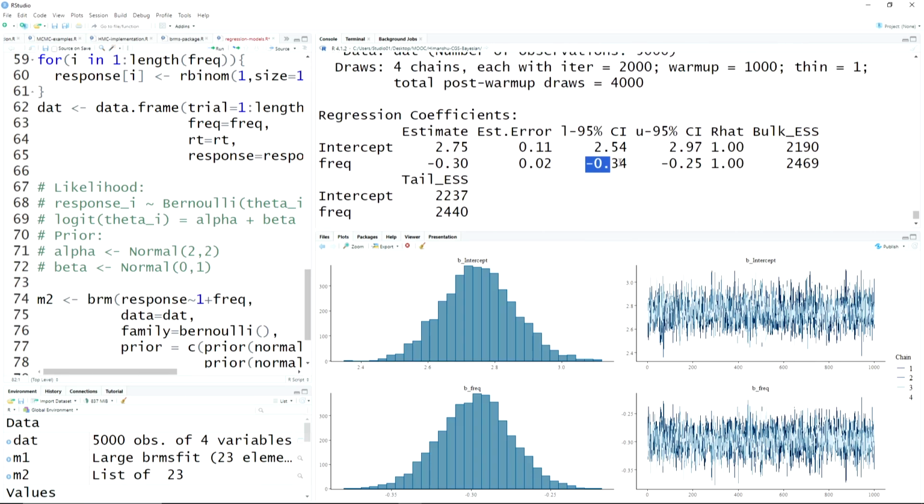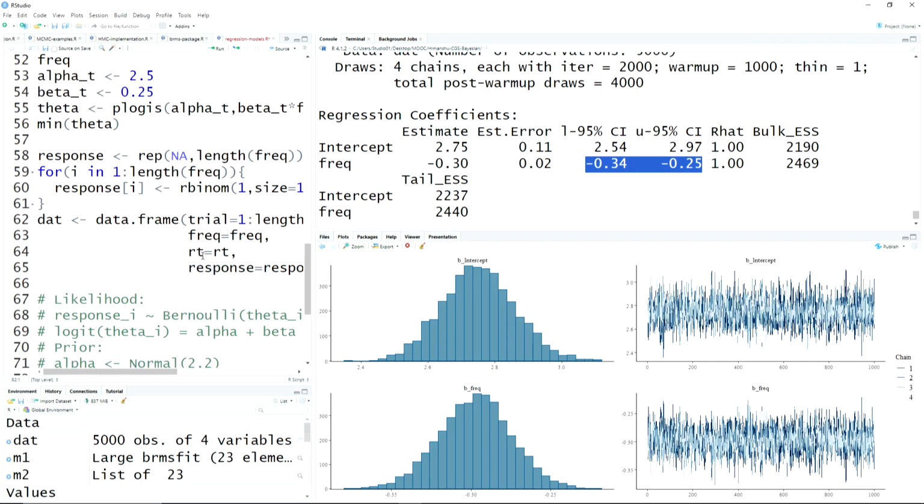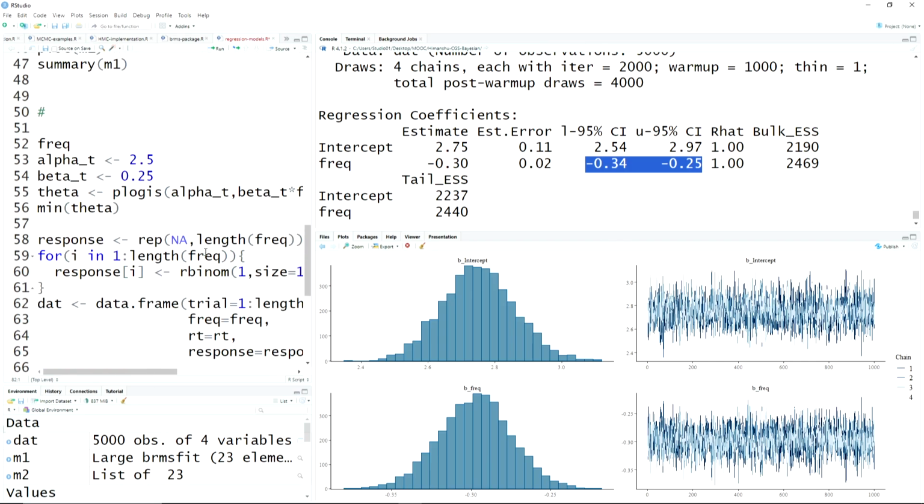And is there an effect of frequency on accuracy? Yes, so data seems consistent with the effect of frequency on accuracy. The data suggests that there is an effect of frequency in such a way. Oh, why is it negative?